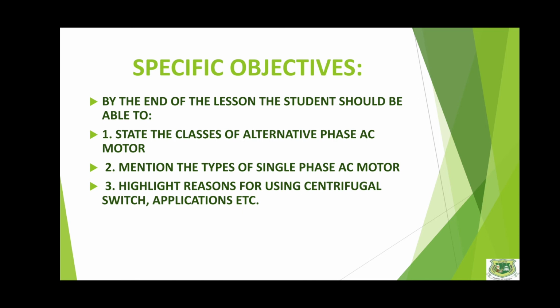Secondly, you are expected to be able to mention the types of single phase AC motor. And thirdly, to be able to highlight reasons for using a centrifugal switch and the applications of AC motor.